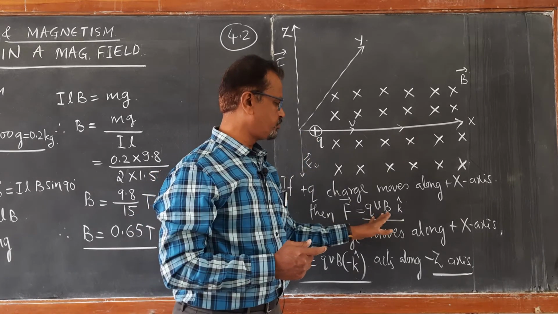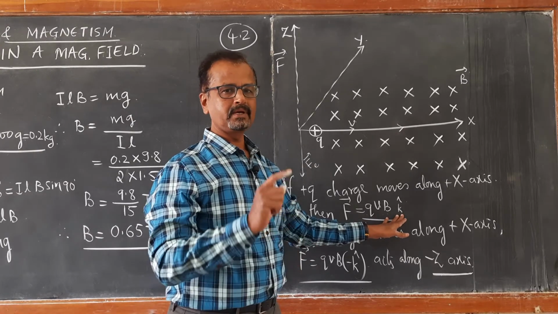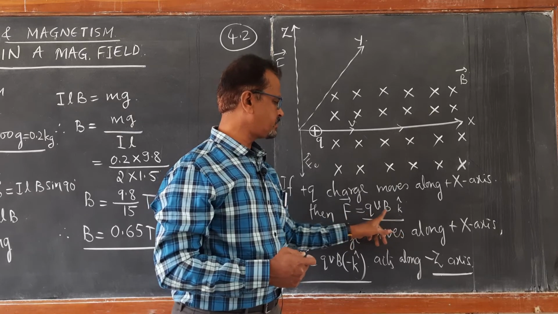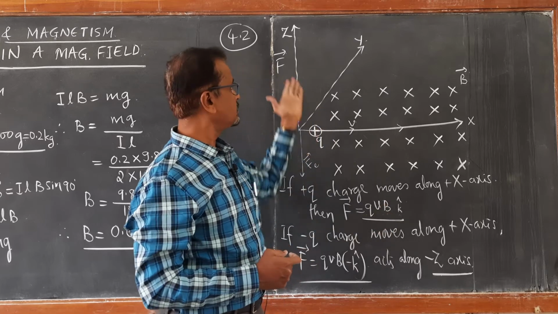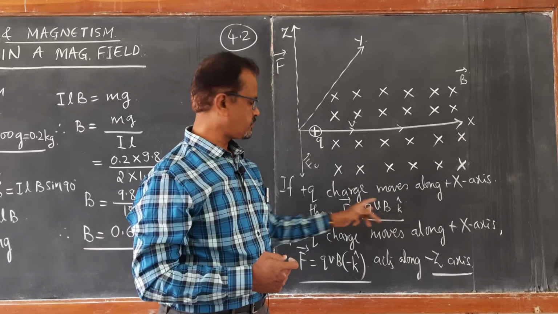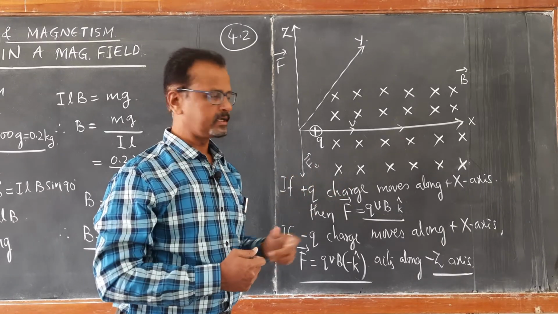Therefore, it becomes qvB, but the direction of v cross B is perpendicular to both v and B. Therefore, F vector acts perpendicular to both velocity vector and B vector, which is obviously the z axis. So k cap represents the direction of magnetic force experienced by proton, a positively charged particle moving with some velocity v.